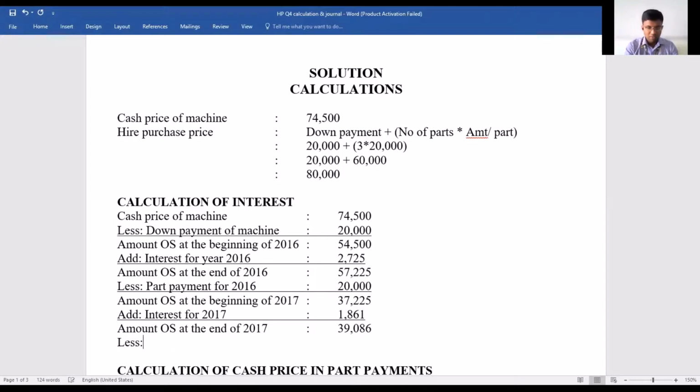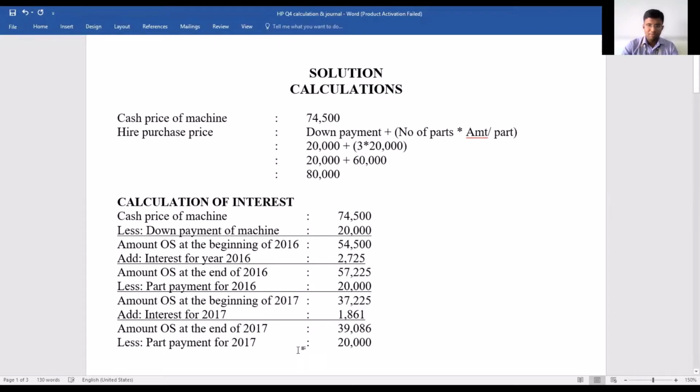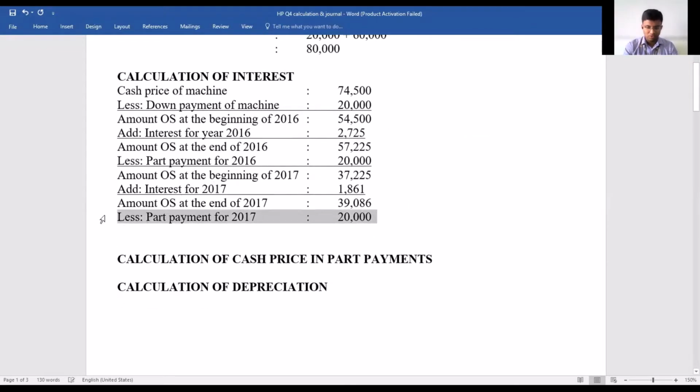Now from this, we will have to subtract the part payment for 2017, and for 2017 the part payment works out to be 20,000. So from this, when you subtract again, you will get the amount outstanding at the beginning of 2018.